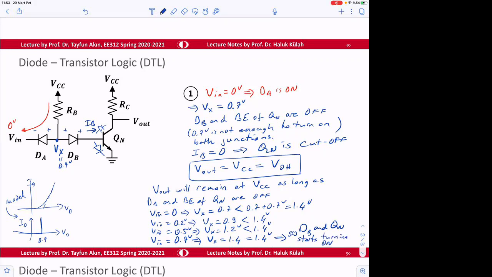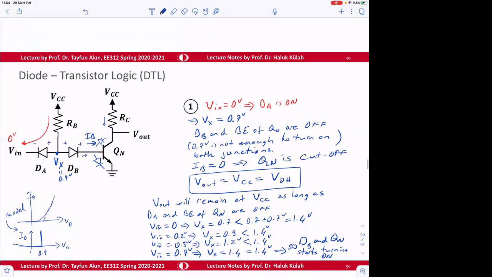When current starts going through here, then beta times that current is going to be coming from RC. Therefore the output will start decreasing. So that's the break point.